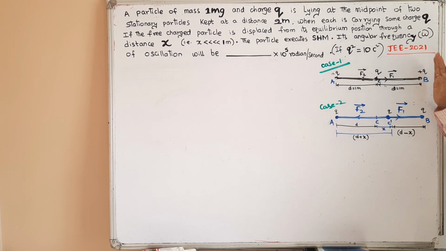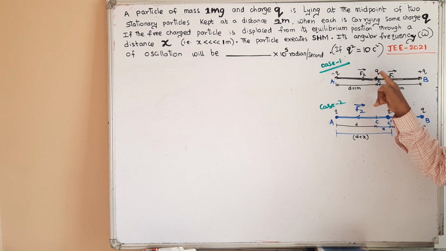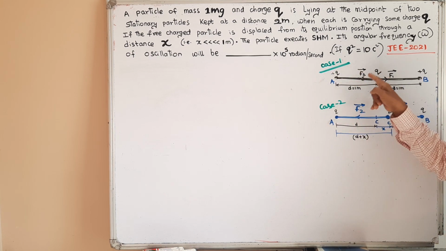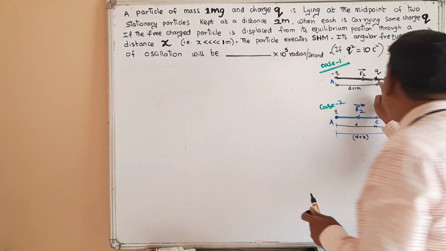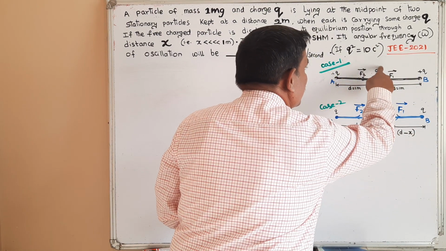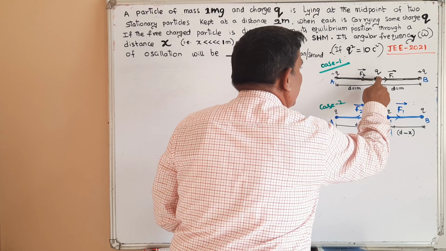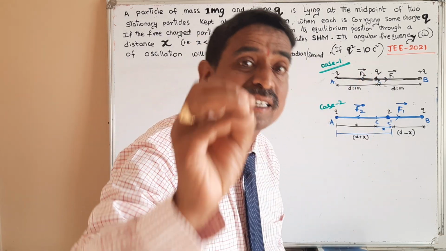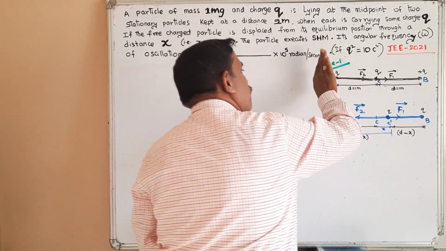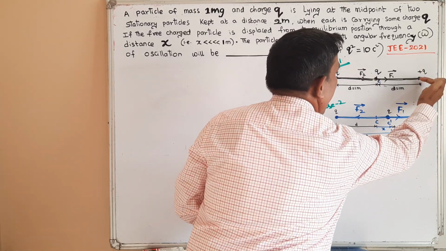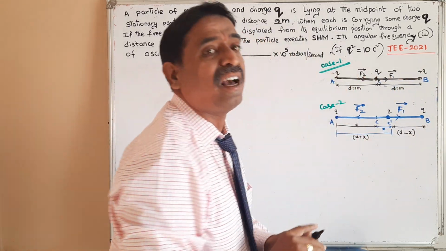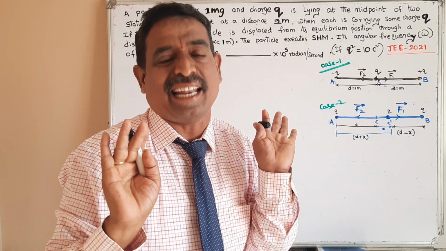This charge applies an electrostatic force on the charge at the midpoint C in this direction, that is F2. At the point C, there is a third charge Q. On this, two electric forces are acting. One force is acting on the right side, another force is acting on the left side. Both are opposite in direction.